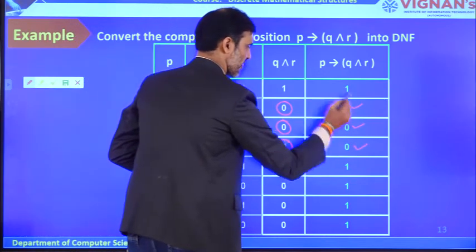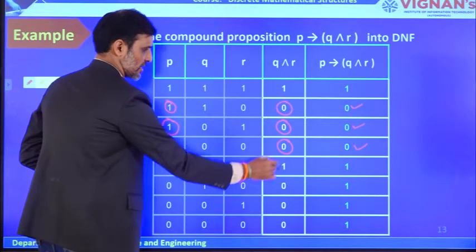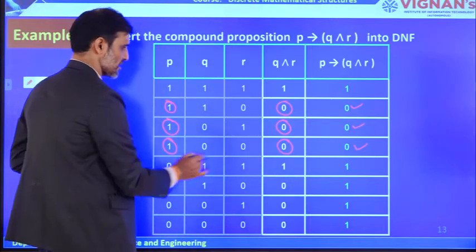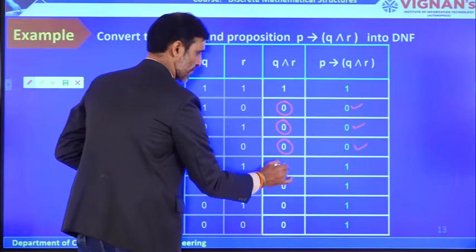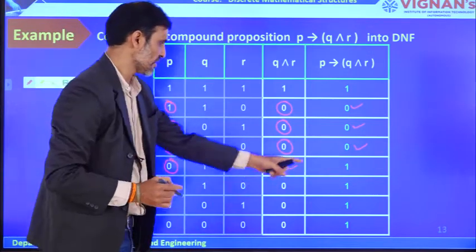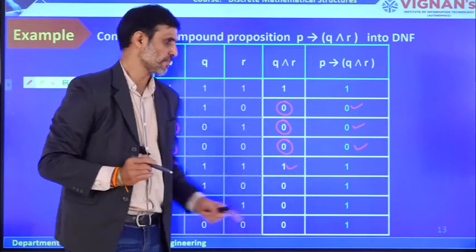In a similar way, go through the remaining table. Here it is true, so you will get a true here. And for 0 0, it is true.